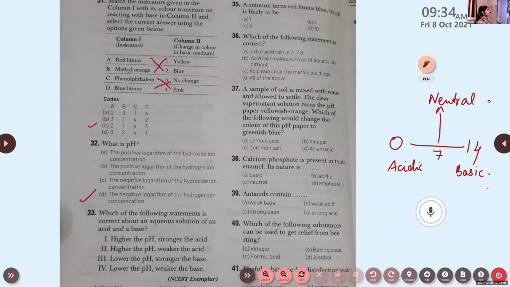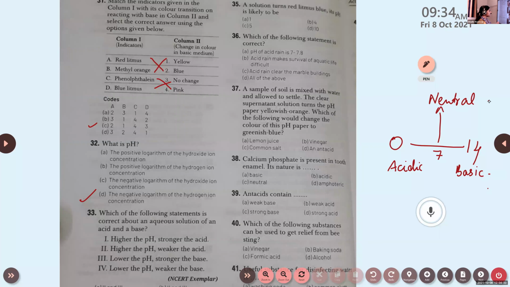And also about the strength of acid and base. There are two categories, right? Strong acids, weak acids, then strong bases, weak bases. Strong acids are always in which pH range among the 0 to 7? Near to 0, right? Near to 0, they are strong acids. Then weak acids, they are near to 7, isn't it? Then what about bases?